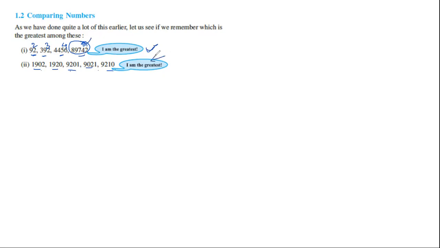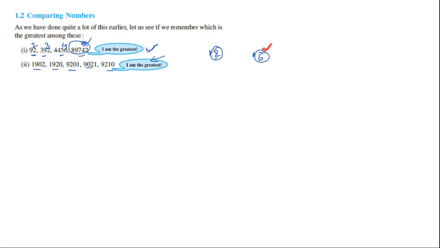For this one, I will try to explain by taking 2-digit numbers. Let's say it is 12 and 16. Which one is greatest? You will see the last digit, right? You will see the last digit and you will finalize, ma'am, this one is greatest.